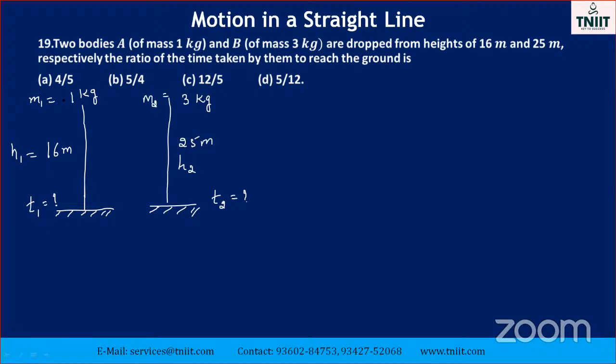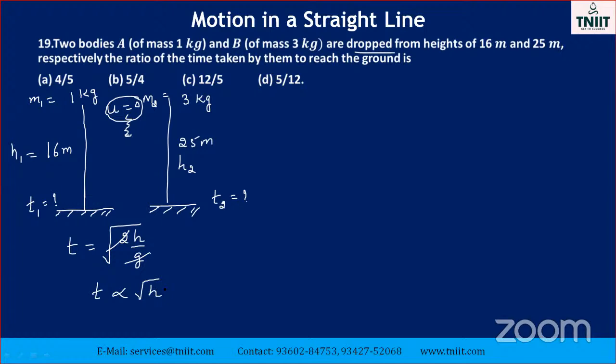Students, as I explained just now, whenever the particle is just dropped, the initial velocity must be 0. When the initial velocity is 0, the time taken by the particle to reach the ground is given by root of 2h by g, where g is constant for both, and 2 is constant. So t is directly proportional to root h.